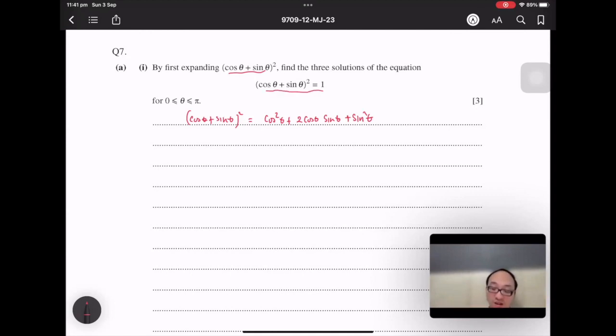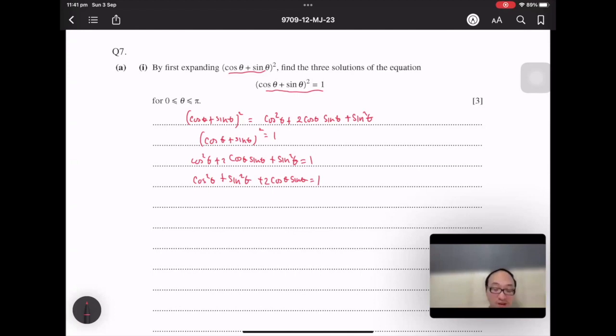So (cos theta plus sin theta) squared equals 1. That means we have cos squared theta plus 2 cos theta sin theta plus sin squared theta equals 1. We can combine cos squared theta and sin squared theta, plus 2 cos theta sin theta equals 1.